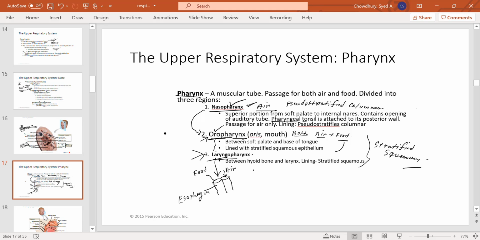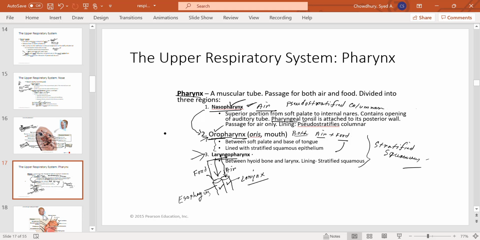So you see the laryngopharynx is here, and from the laryngopharynx, food enters into the esophagus, which is posteriorly, and air enters into the larynx, which is anteriorly.